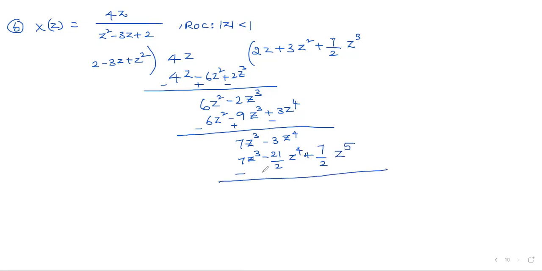If you want to simplify, you can simplify here; otherwise you can leave it. 21 by 2 minus 3: how much will we get? You will get 15 by 2. Minus 15 by 2 z power 4, minus 7 by 2 z power 5.